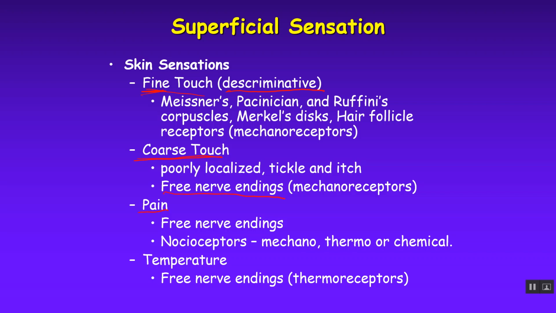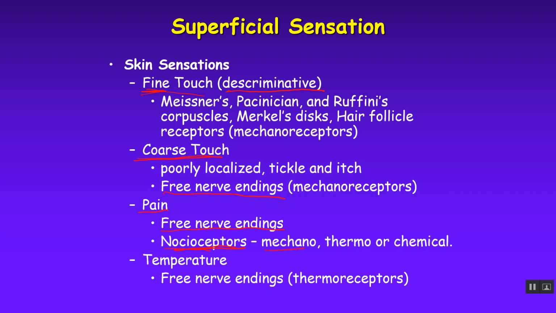Pain. So pain is free nerve endings, just like the coarse touch is, but just when you reach a certain level of intensity, a threshold of stimulus on that free nerve ending, then it can cause pain. Okay, and when it's acting as a pain receptor, that's called a nociceptor.